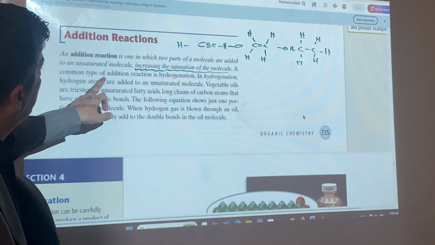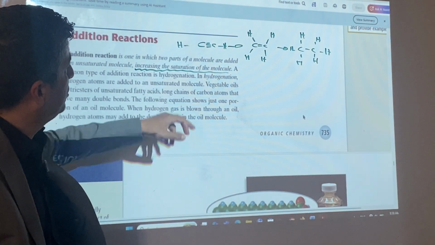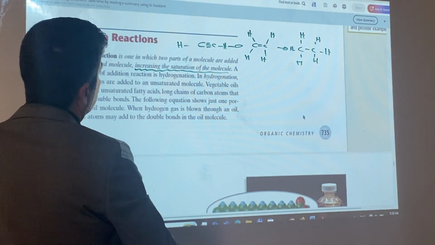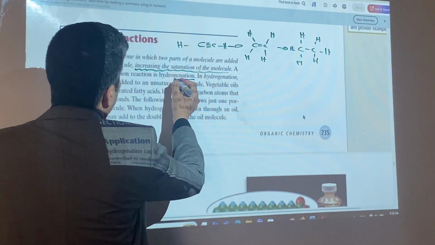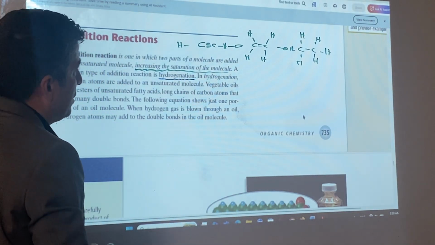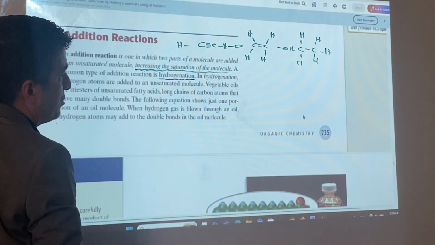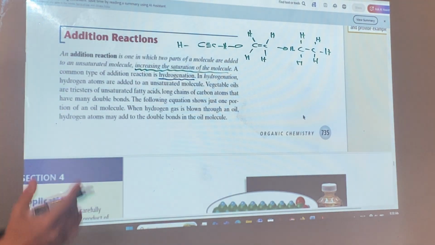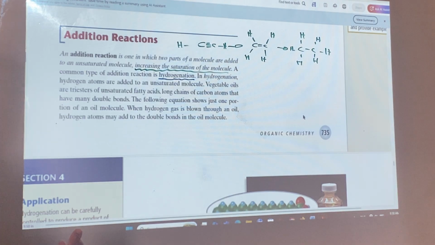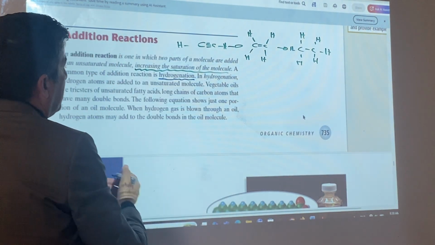A common type of addition reaction is hydrogenation. The hydrogenation reaction is one of the main addition reactions. In hydrogenation, hydrogen atoms are added to an unsaturated molecule. We have an unsaturated molecule, and we add hydrogen. This process is called hydrogenation.